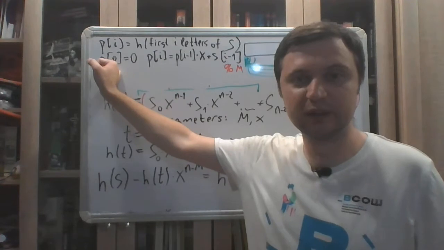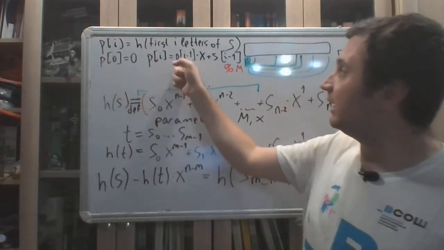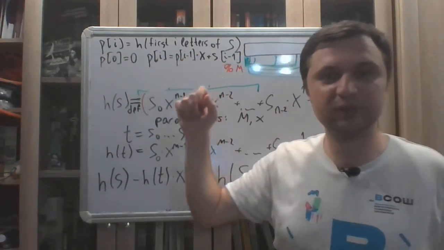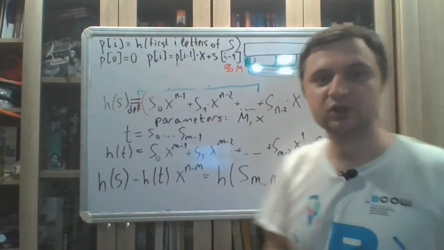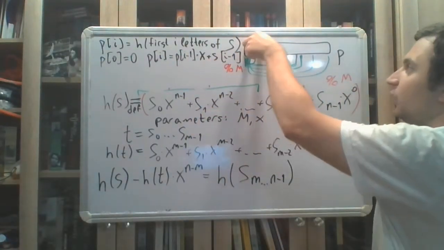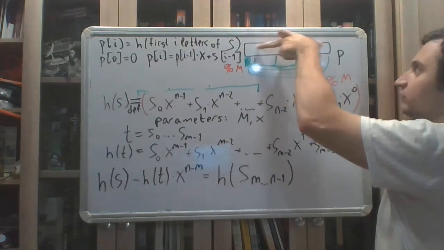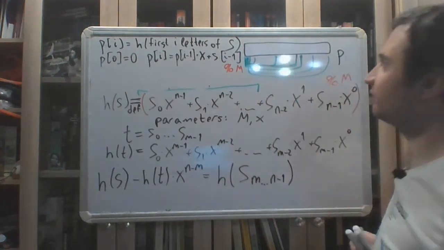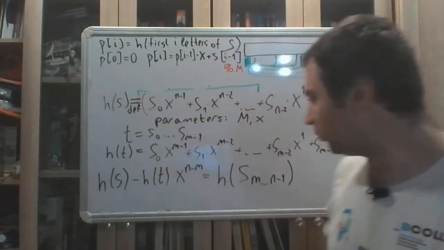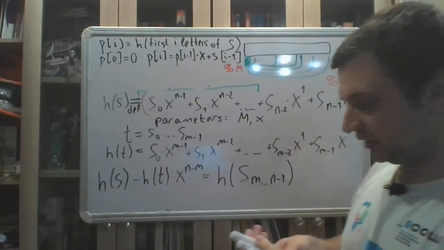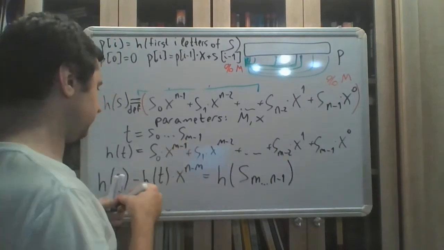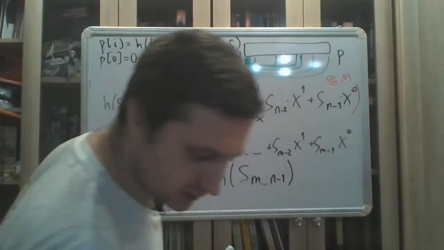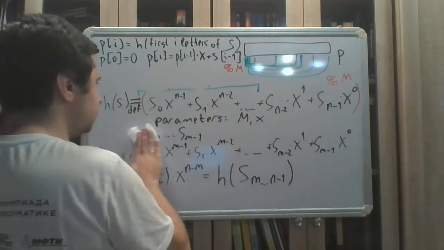This array is calculated as 0 in the beginning, and such a short, simple formula for any cell of p. So we calculate with a simple formula all the hash functions of prefixes of s. And now, by this formula, we have such a cool thing. Maybe let's rewrite it where I don't need t anymore.